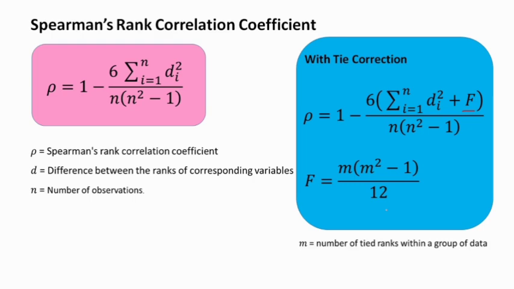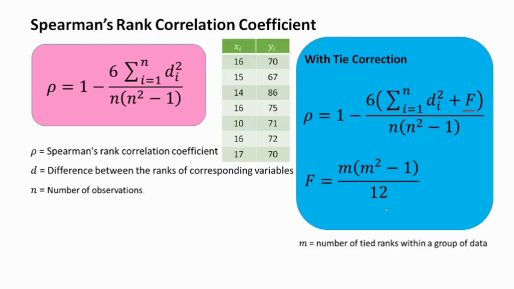Let me explain this in detail. What is the tie correction, or what is a tie of the ranks? In this data, as you can see, the x variables are given as 16, 15, 14, 16, 10, 16, 17. As we have seen, Spearman's rank correlation coefficient uses the ranks, not the raw data. So first we have to rank this data.